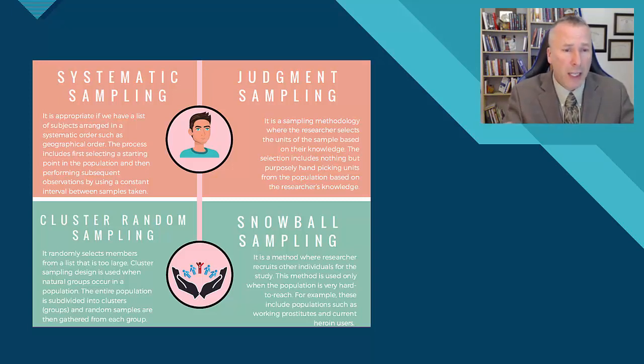And finally, cluster random sampling, where you're looking at certain natural groups of the entire population and you divide them within clusters and these certain groups, versus snowball sampling, which you can still do that to an extent.